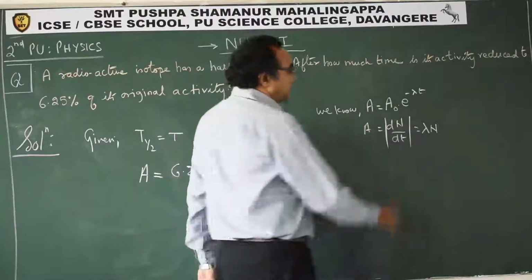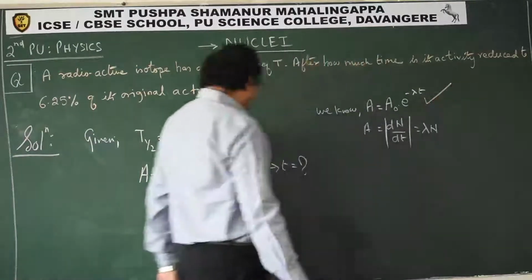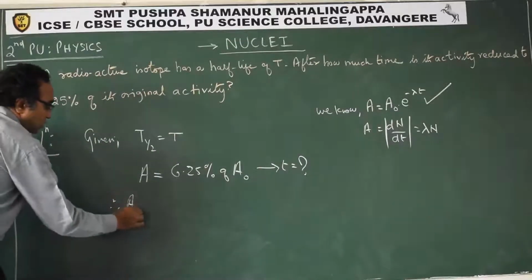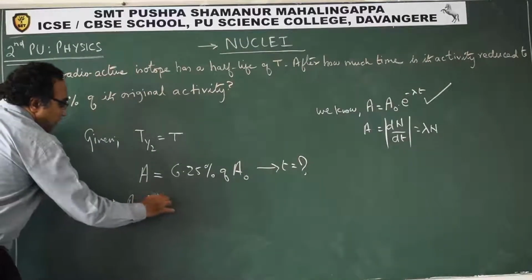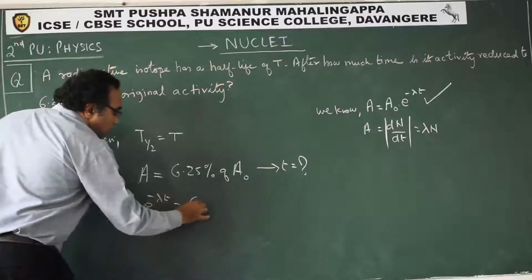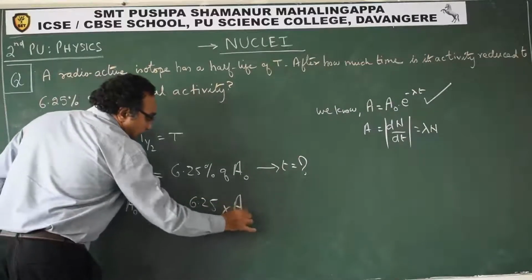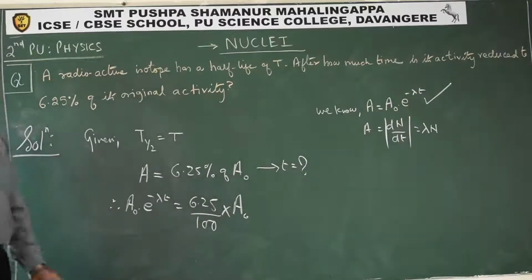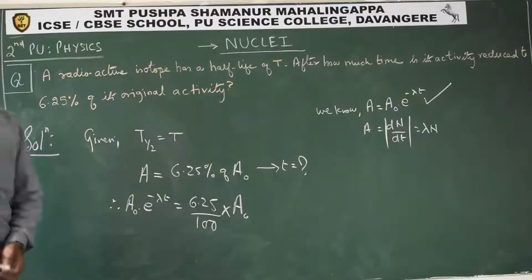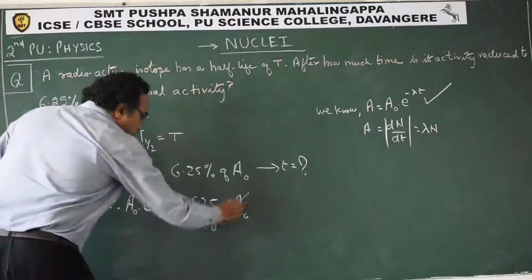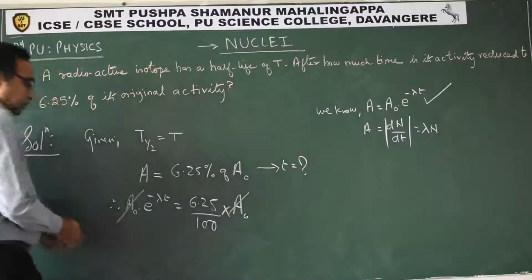use this equation. So we can say A is A naught e raised to minus lambda t, equal to 6.25 by 100 of A naught. This is what is there. Simplify this expression. A naught cancels out.